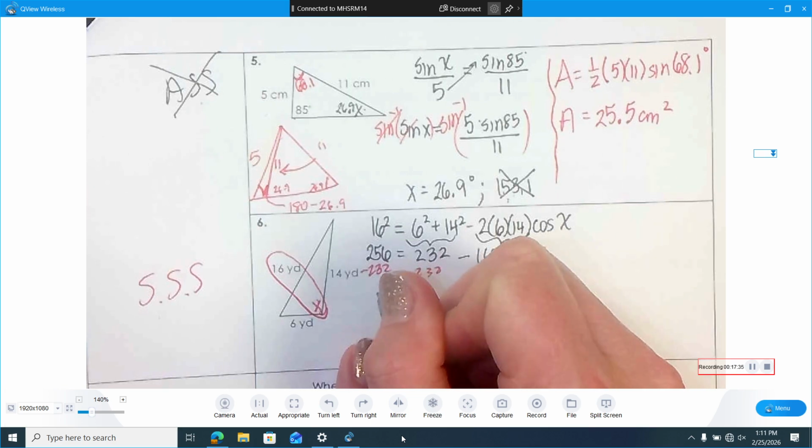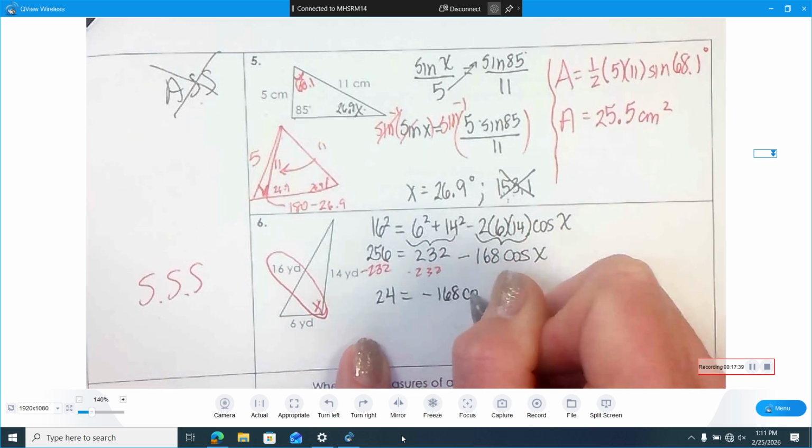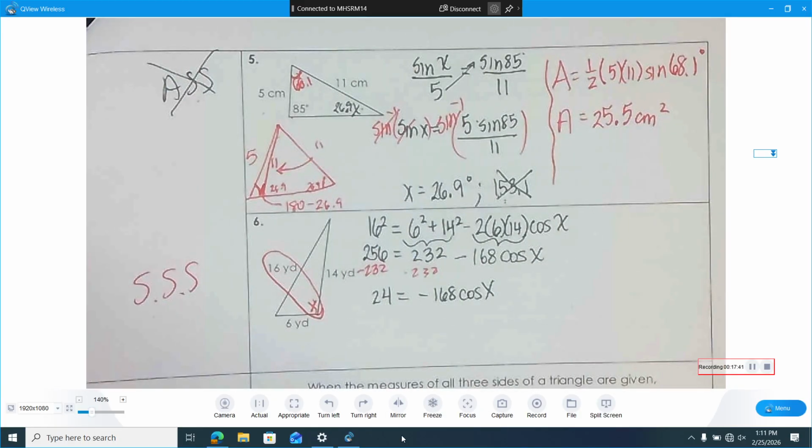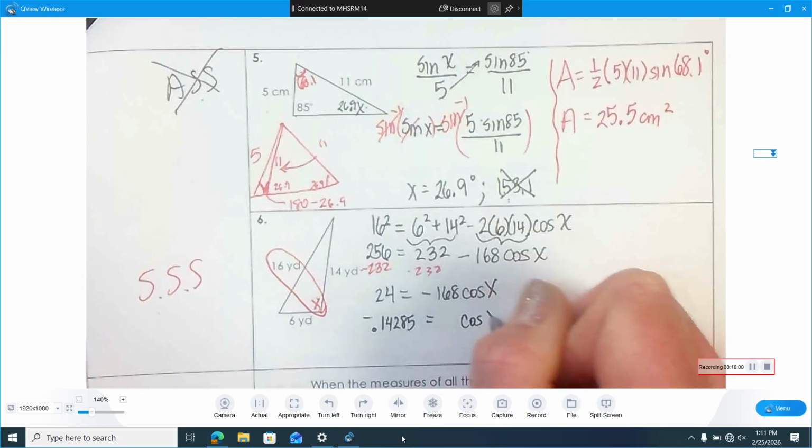And that is 24 equals negative 168 times the cosine of x. And then we need to? Good, divide. So we get 24 divided by negative 168. Oh, my calculator wasn't on. Dang it. All right, we get negative 0.14285 equals the cosine of an angle.